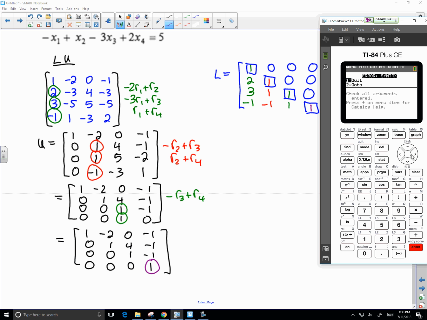Oh, damn it. Where did I hit? Oh, I didn't put a number in.